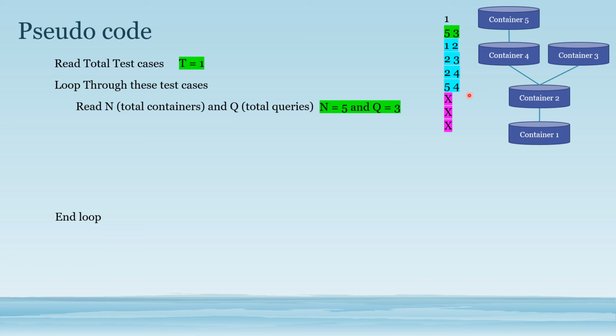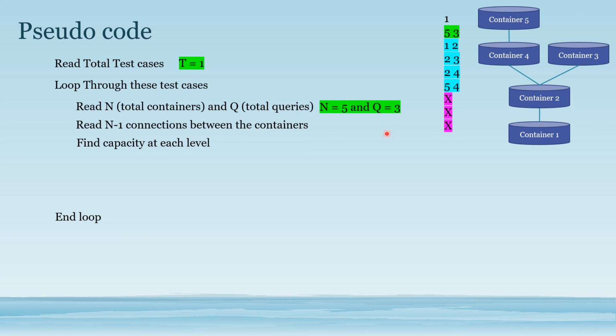Then loop through this n minus 1 times to read all these connections. Okay. And after reading all the inputs, we have to read this also, but ignore that actually, because just read it and throw it out. This is not required.